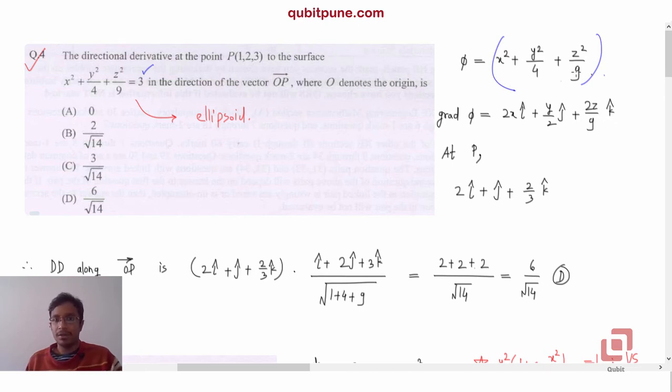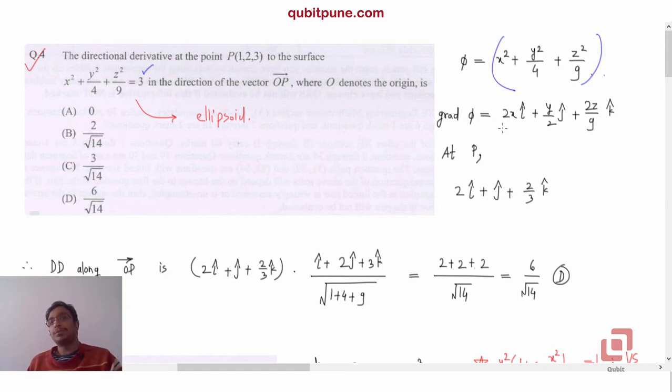I hope you got why we ignored the other terms, because they didn't contain the other two respective variables. For example, x squared does not contain y and z, and y squared by 4 and z squared by 9 do not contain x. So the partial derivative of phi with respect to x, which is the i component of the gradient, is just 2x, and so on. So the gradient of phi basically denotes the normal direction.